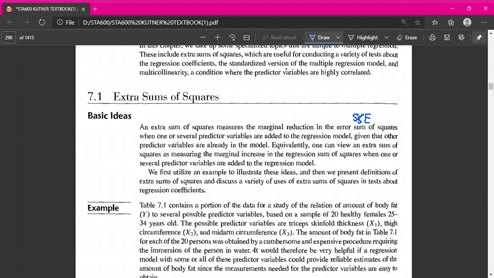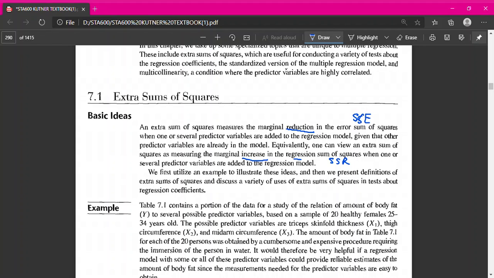Alright, so equivalently, one can view an extra sum of square as measuring the marginal increase. Tadi kita nak tengok reduction in SSE ataupun kita boleh tengok juga the increase in regression sum of square, which is SSR, when one or several predictor variables are added into the model, given that the other predictor variables are already in the model.